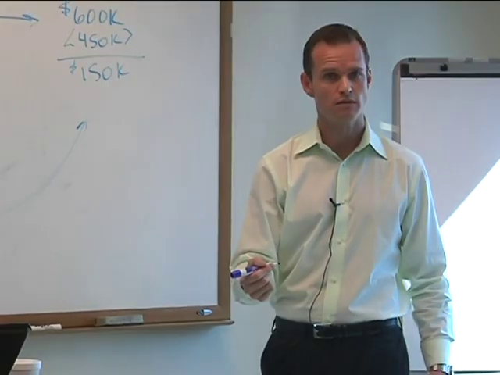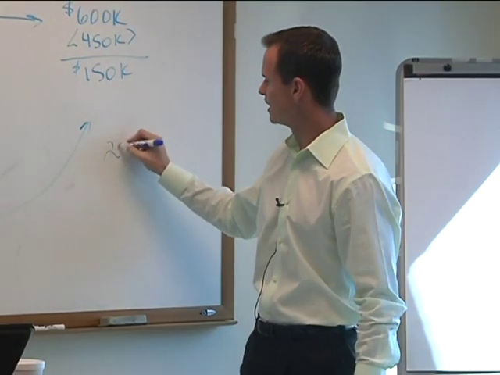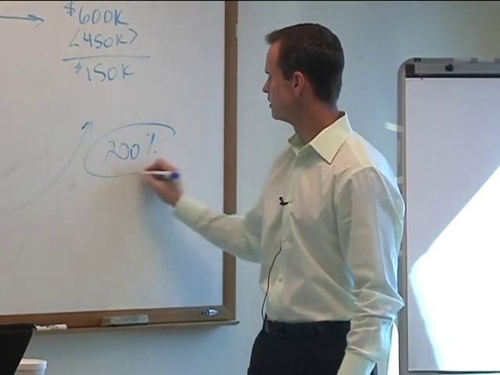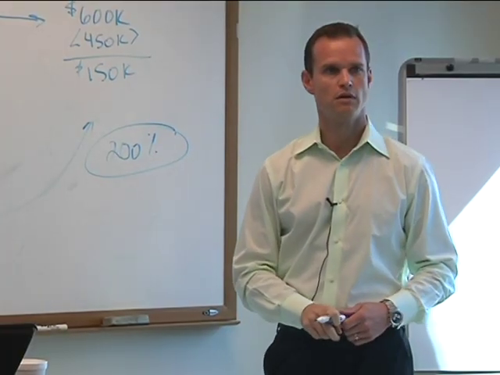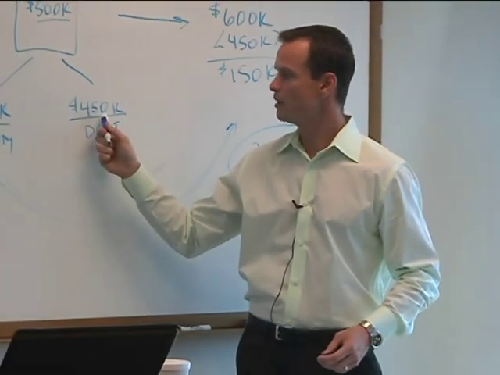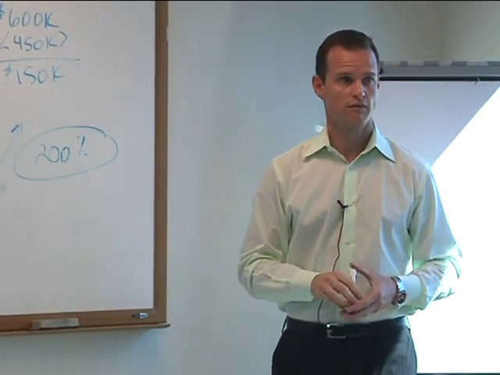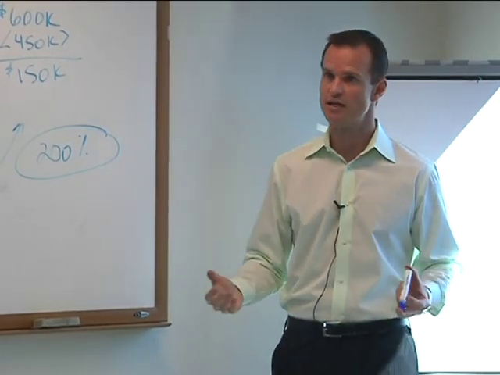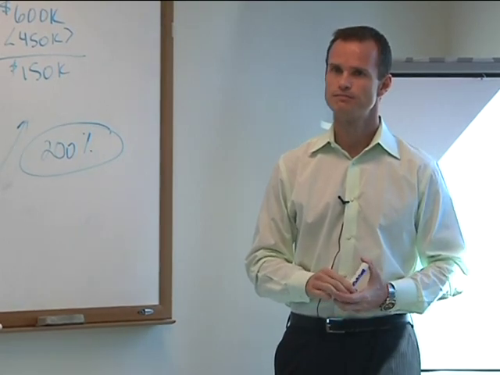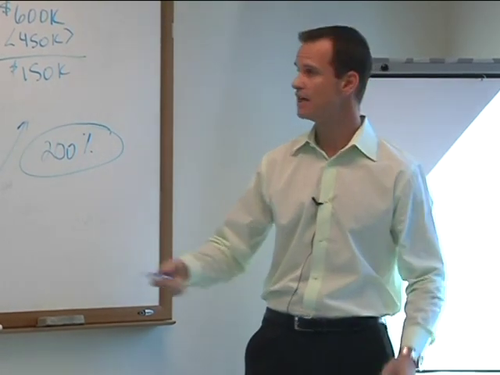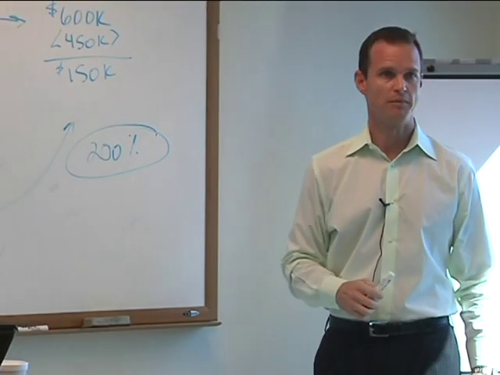It's tripled in the span of 1 year, which equals a 200% rate of return. By borrowing more, we've been able to double our returns from an IRR or percentage perspective. Does that make sense? All right, so when we say leverage magnifies returns, that's what we mean.